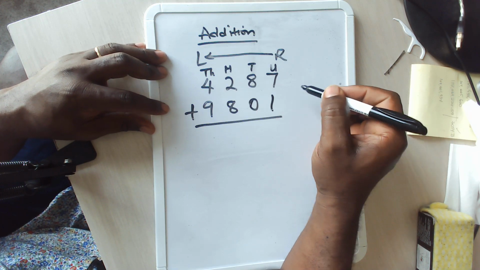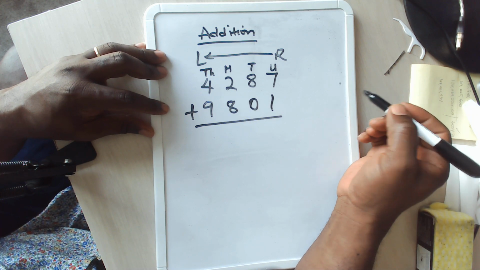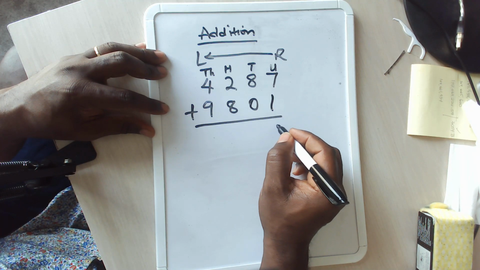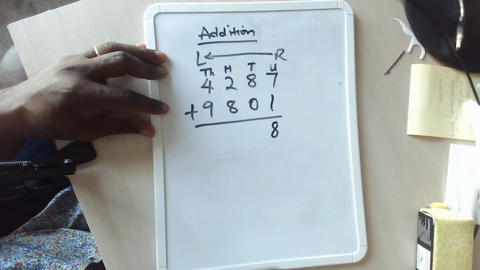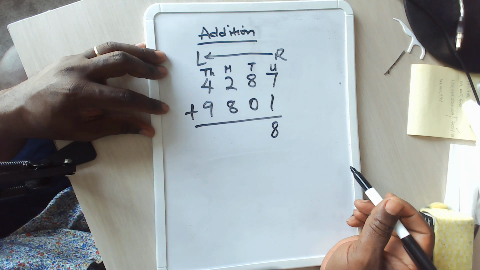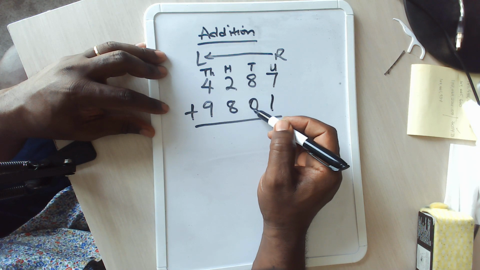That will give you 8. Since there is no need of carrying anything because it's just one digit, you write the 8 under the column of unit of ones. Then you move to the column of the unit of tens. 8 plus nothing will give you 8.